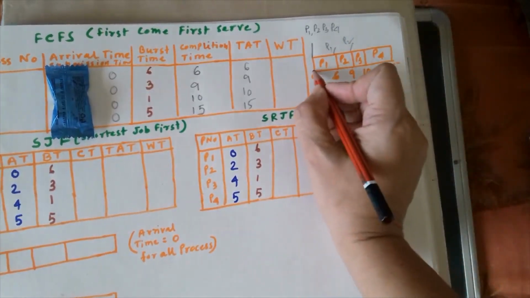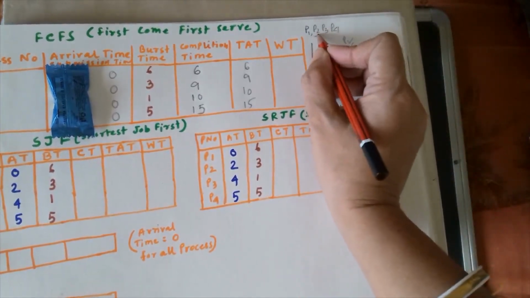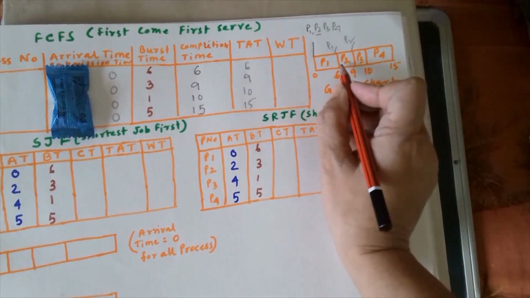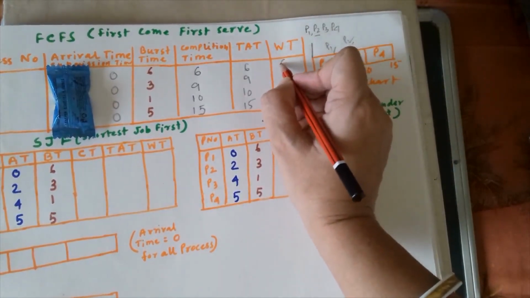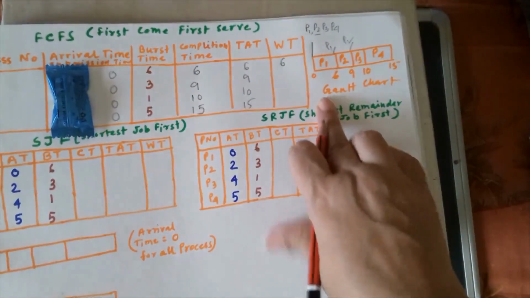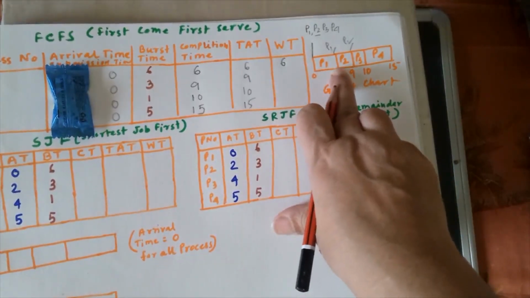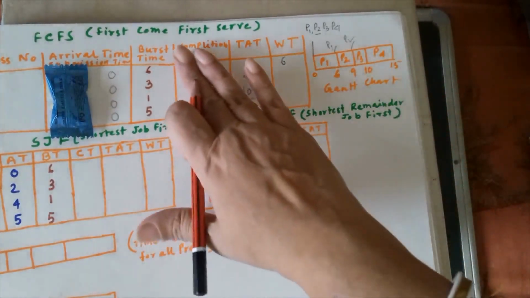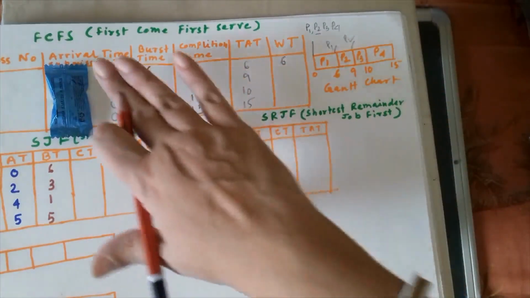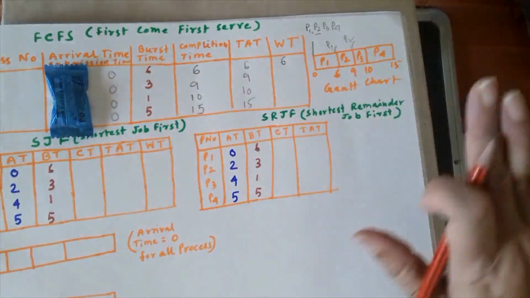P2 has waited from here to there because P2 also was present at instance 0. So P2's starting time is nothing but the waiting time for P2. Is it clear? So in that Gantt chart, just take the starting time of the process, at least when the arrival is 0 and it is FCFS.